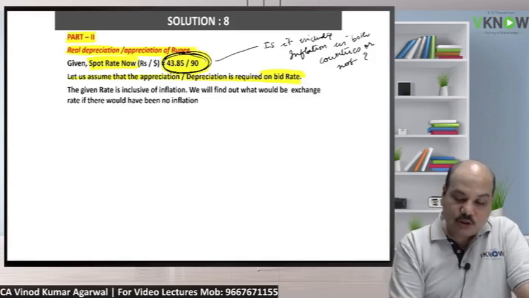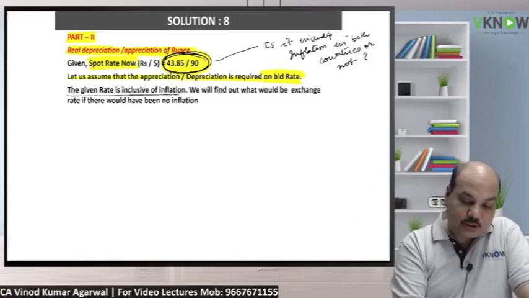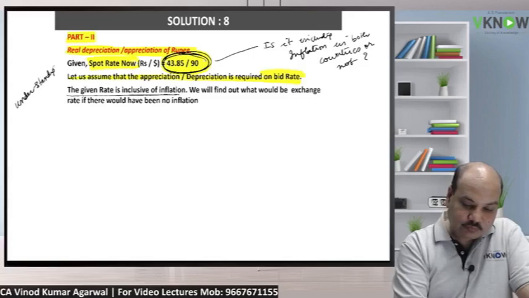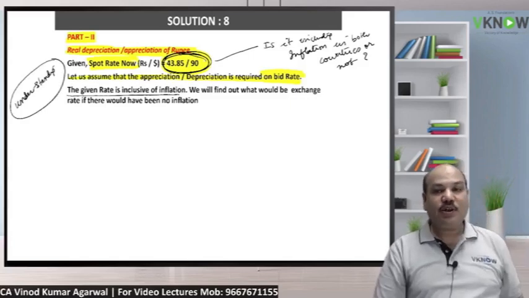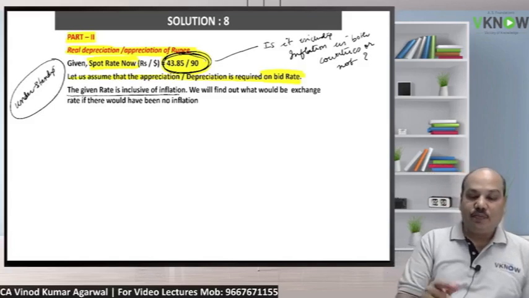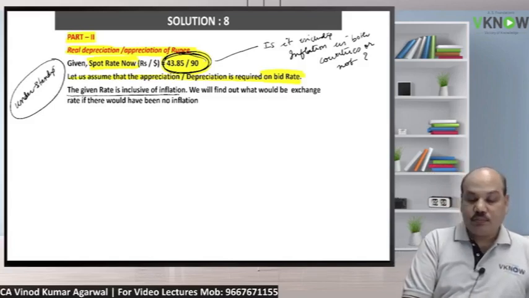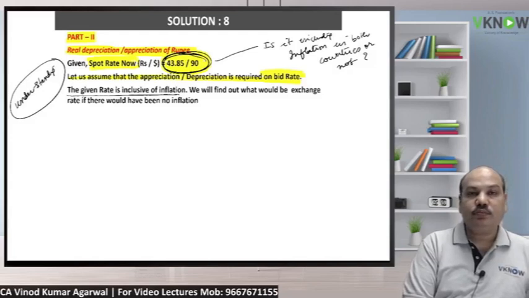Okay, so write a note. This is for understanding, otherwise you will not be able to understand this answer. The institute has not cared to explain this, they have only given the answer directly. So write down: the given rate is inclusive of inflation.